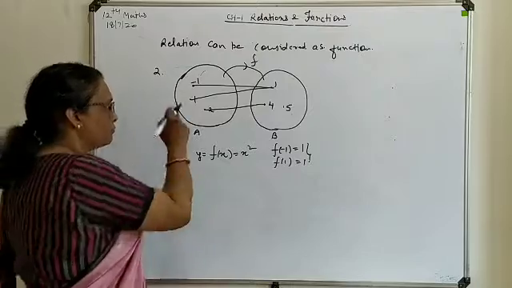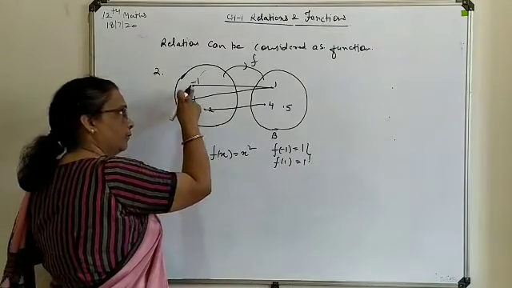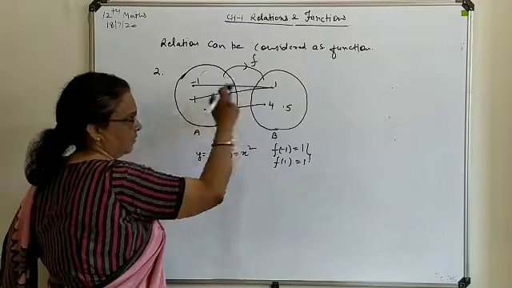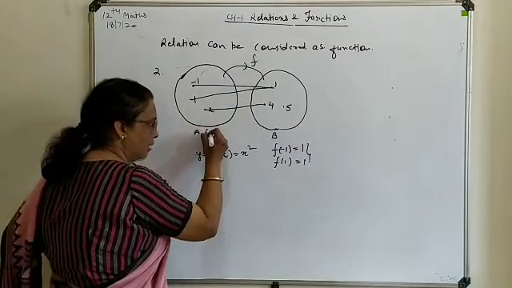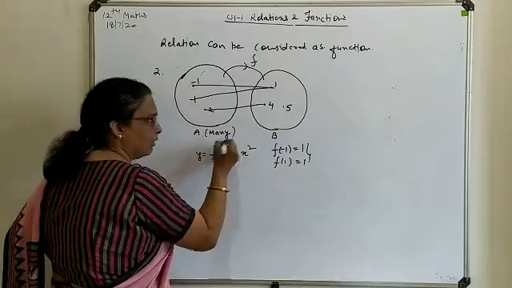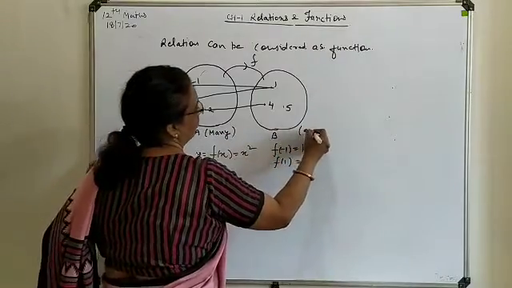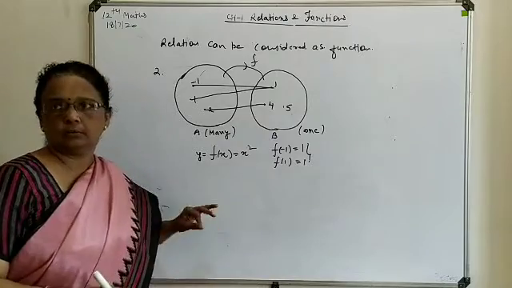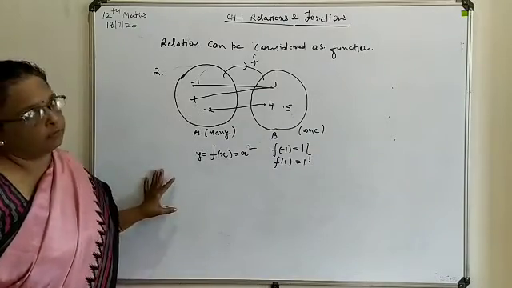So here you see in the domain you have more than one element which have only a single answer. Here you have many elements, and here you have one image. Such a type of correspondence is also known as a function form.